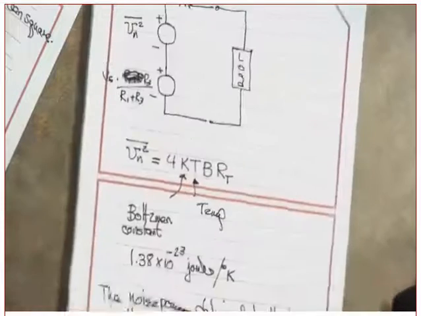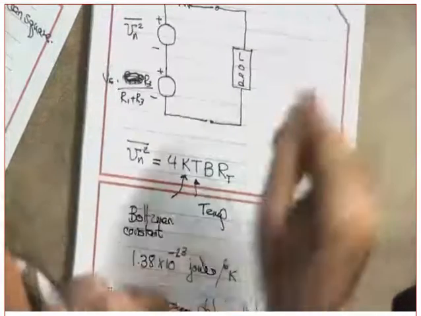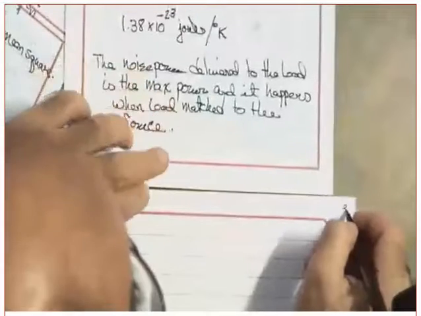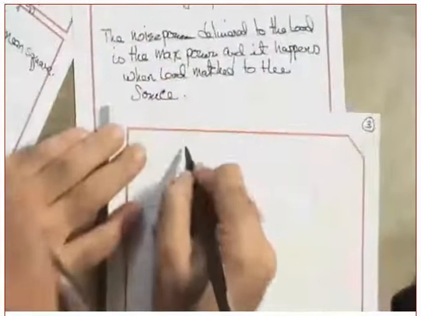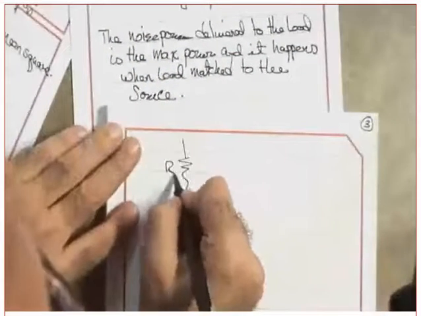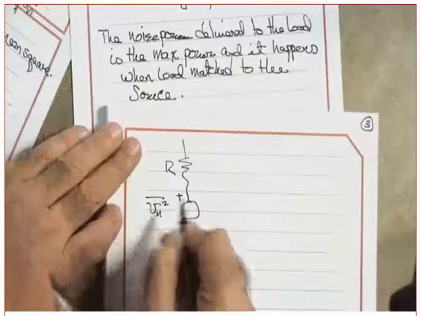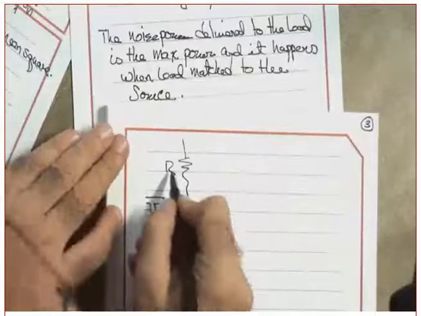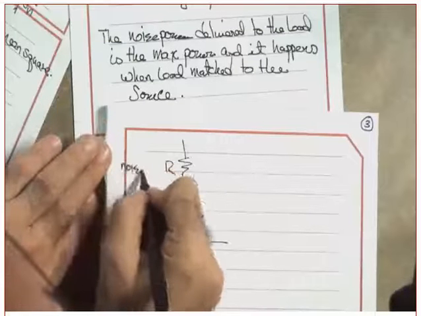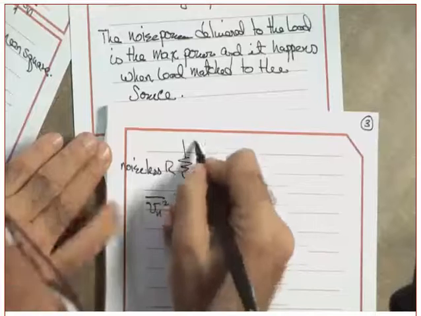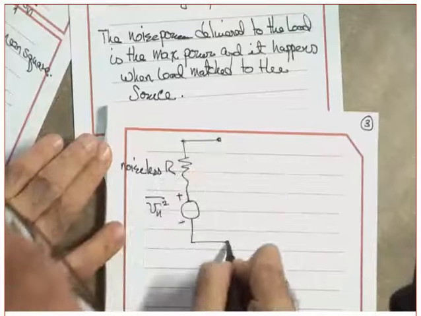So if we go back to this, this is all from last time, a quick review. This is R, this is noiseless, this is noiseless. And then what is this?